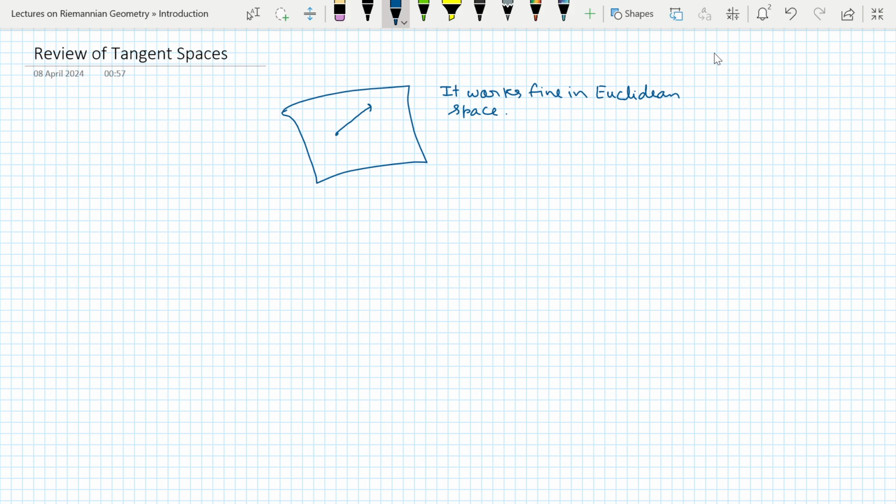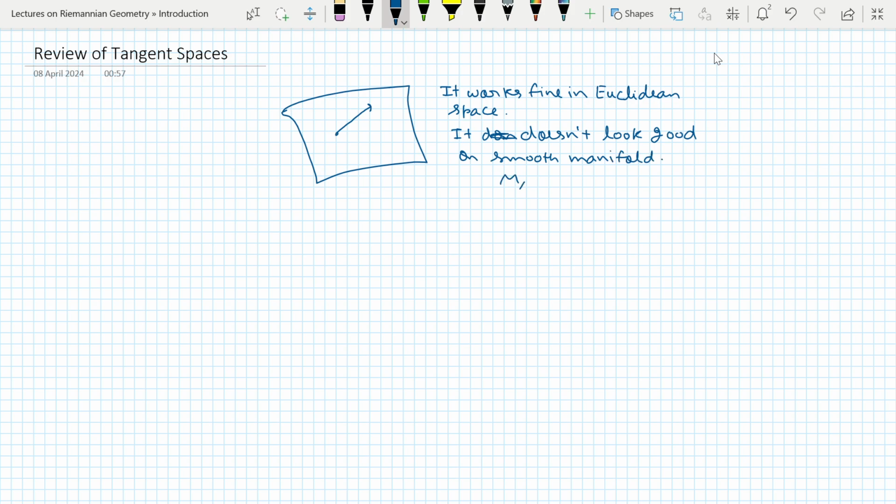But you see, right now we are going to define tangent vectors on a smooth manifold. It doesn't work on a smooth manifold. It doesn't look good on a smooth manifold. Why? Because on a smooth manifold, what structure do we have?